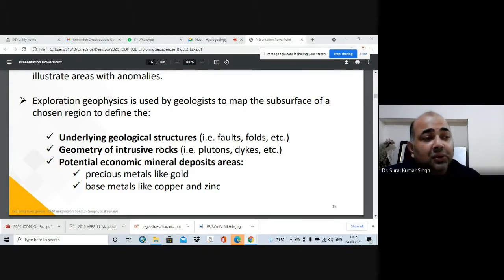So geophysical survey has its own importance and relevance, like identifying geological structures, the geometry of intrusive rocks, whether dikes or plutons, then potential economic and mineral deposits, whether related to exploration of gold, copper, or zinc.